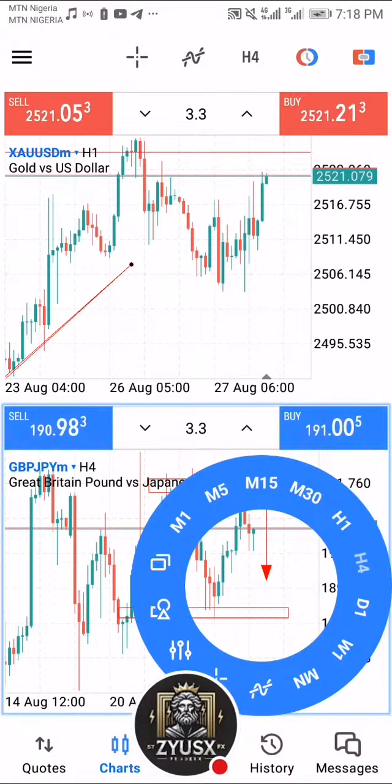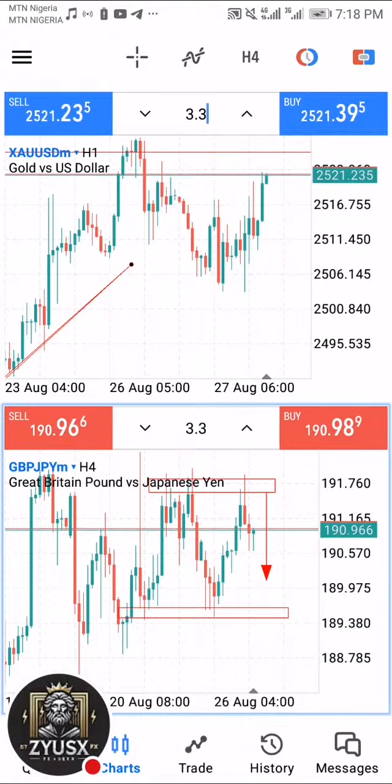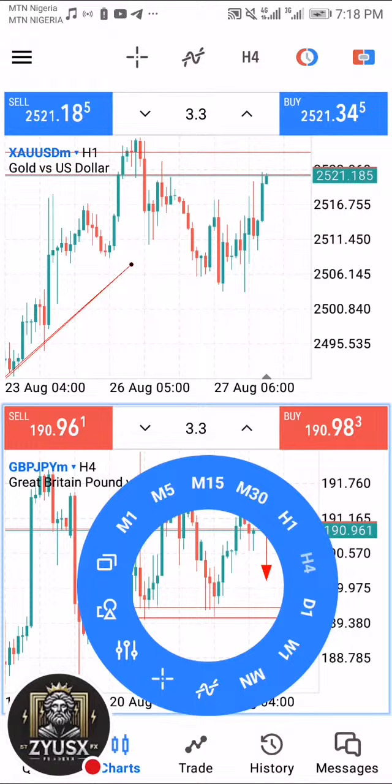let me do a quick recap, a quick analysis for the Pound JPY. So the Pound JPY, from the look of things, price is not clearly, I won't say price is, we'll consider it a sideways moving market.